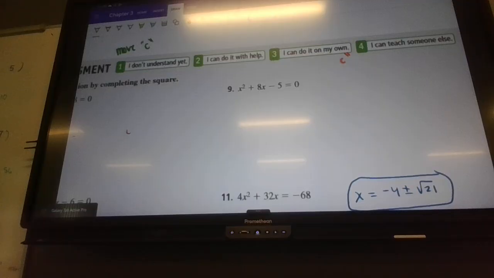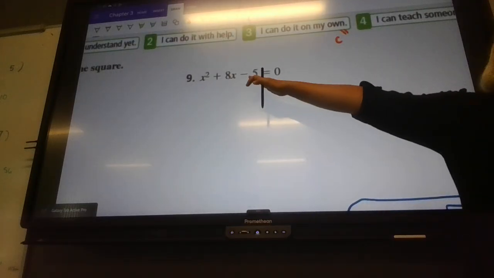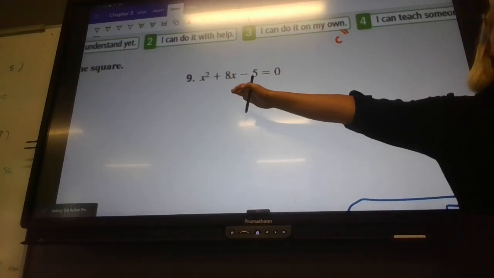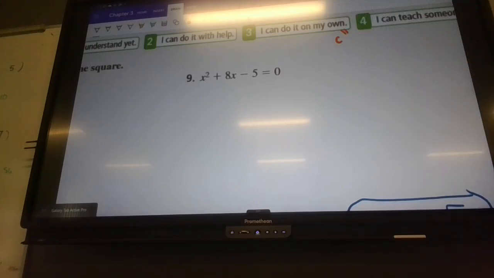All right. Just to reiterate, this problem doesn't work. Nothing multiplies to 5 and adds to 8. So it's a no-go. We'll have to use a different strategy. This is called completing the square.